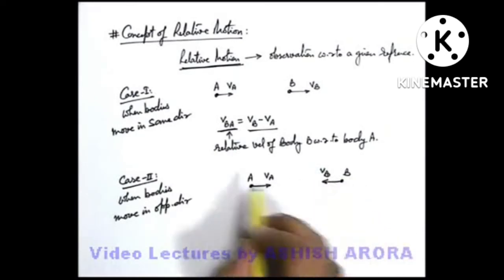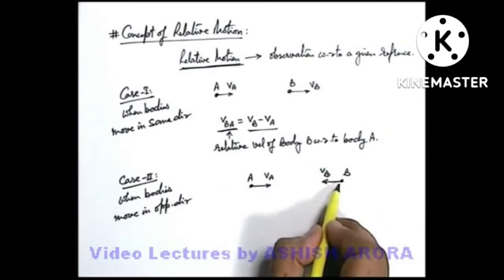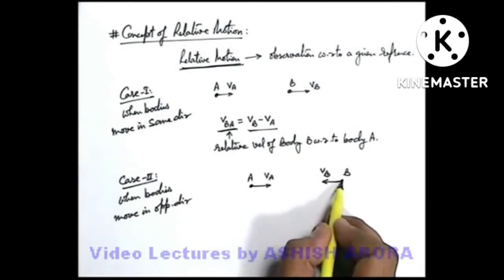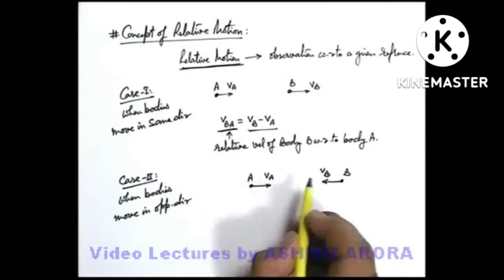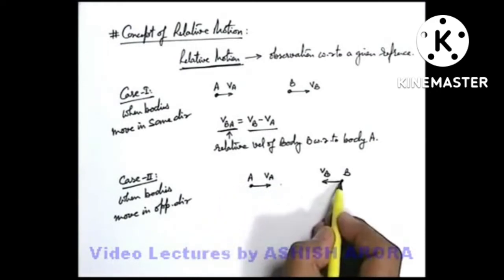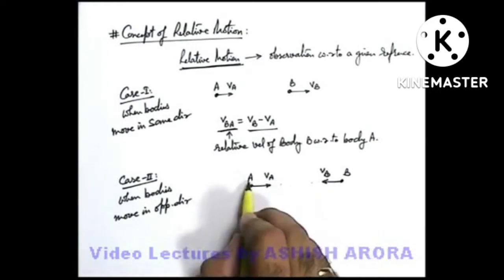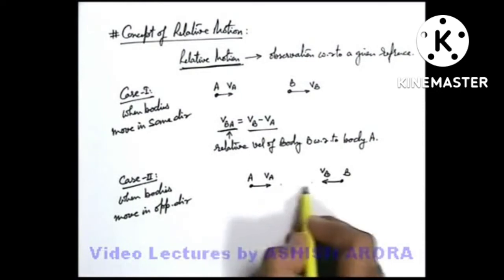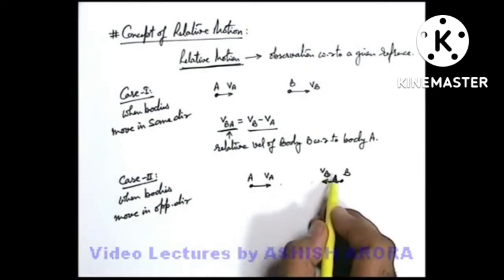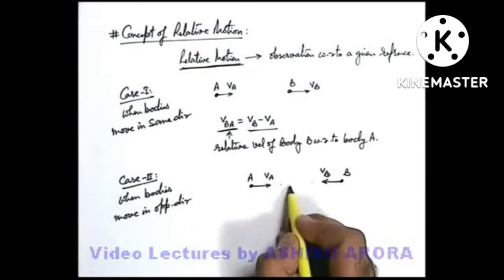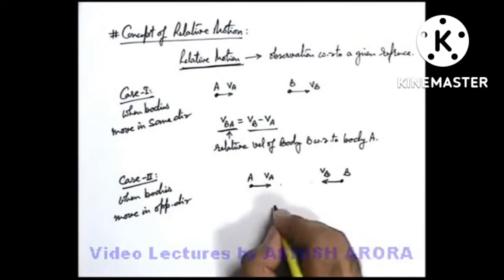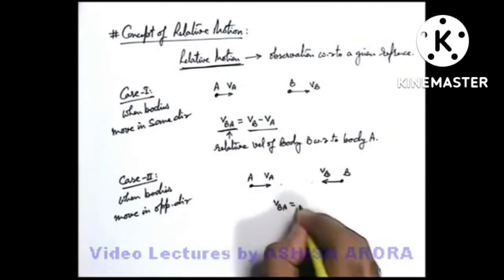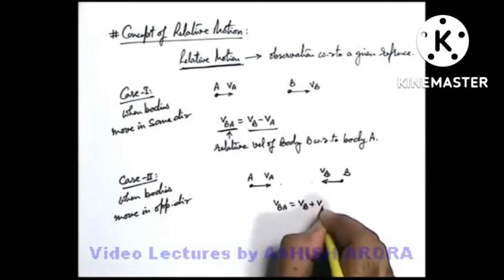In this situation, when it is observed from body A how body B is moving, we can say that B will come closer to A with velocity vb plus va, because in 1 second A will travel a distance va and B will travel a distance vb. When A observes body B, the separation will decrease by va plus vb. So with respect to A, body B appears to be coming toward A with the velocity vb plus va. So here the velocity of body B with respect to A can be written as vb plus va.